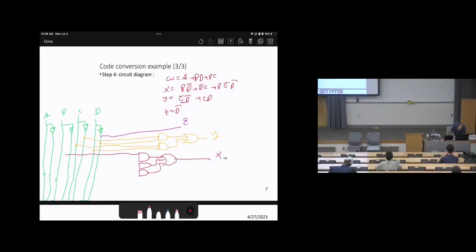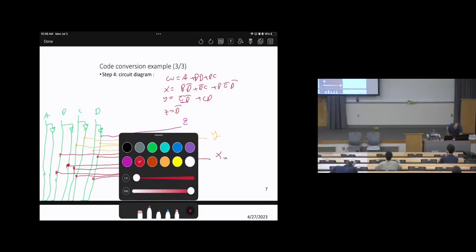So here is B, then here is D bar. The second one with B bar C. Here is B bar, then here is C. The third one with B, C bar, D bar. So let's go to B first, then C bar, D bar. Here is C bar, then here is D bar. Then we are done with variable X.